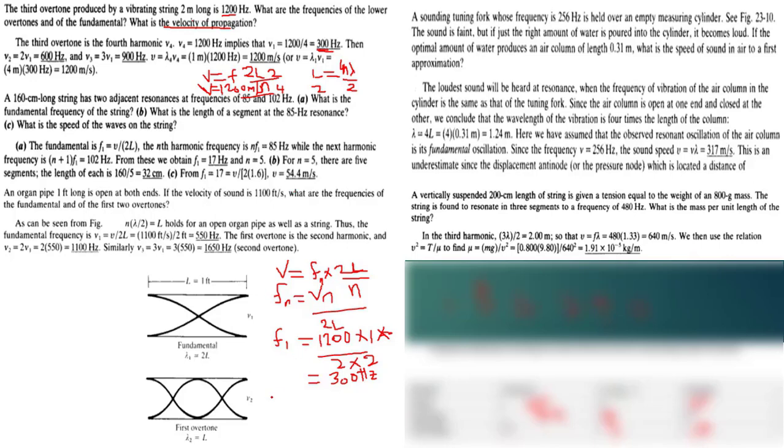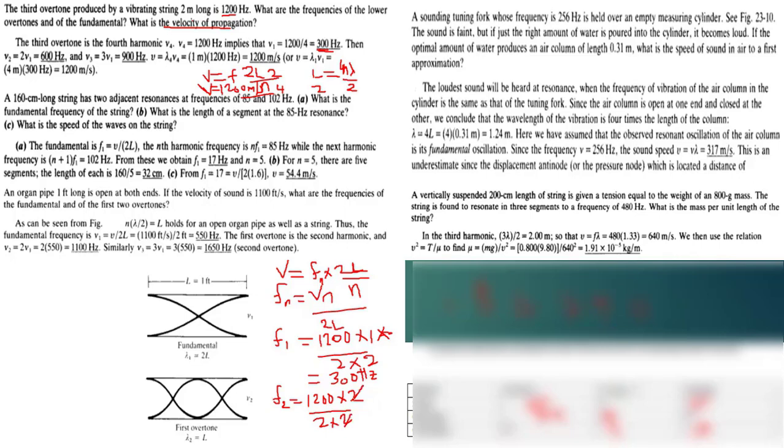So similarly for the first overtone, it means n is equal to 2. First overtone, n is equal to 2. So frequency 2, which is the first overtone, is equal to V 1200 times n, the first overtone is n is equal to 2, the second harmonic, divided by 2 times length, which is 2.